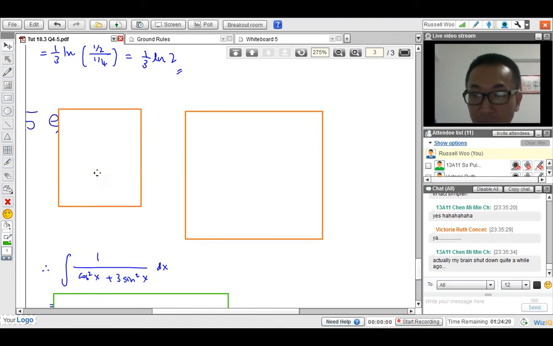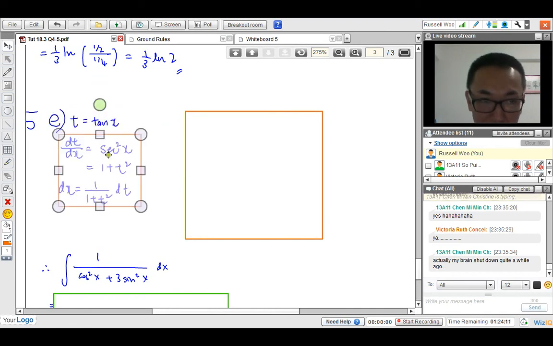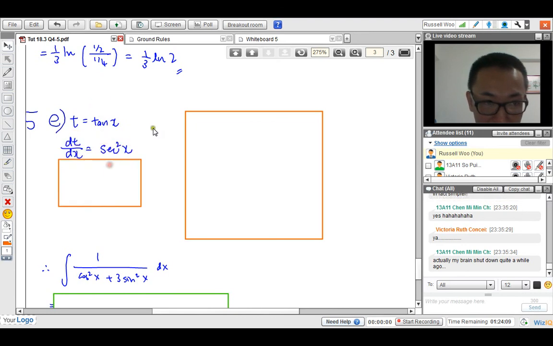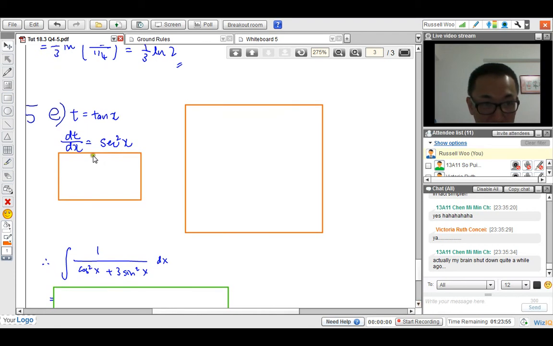Okay, now let's use the same technique. t equals tangent theta. dt/dx is secant square theta, secant square x, sorry. And then note here that you want to replace dx, and you must change all the x to t.